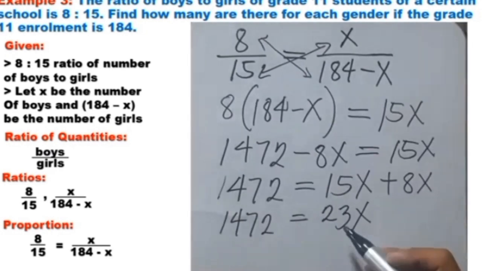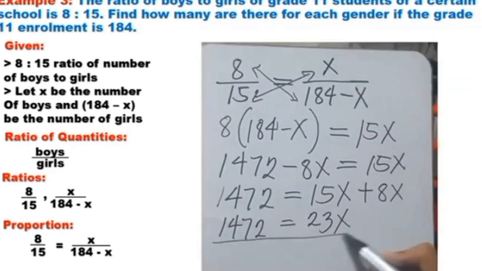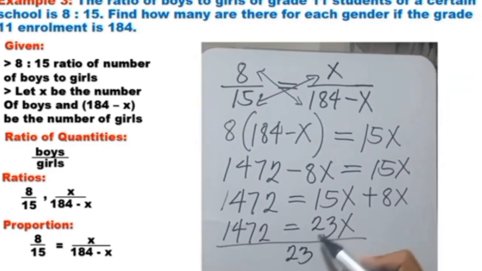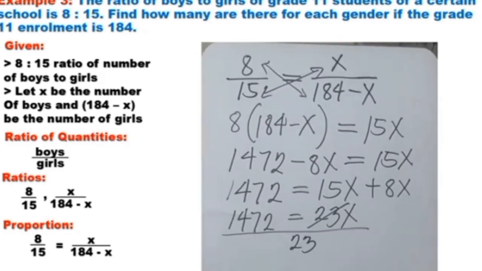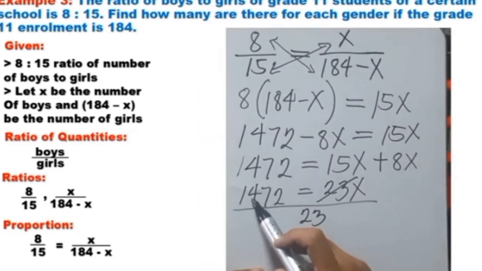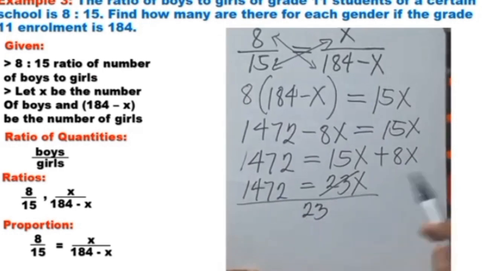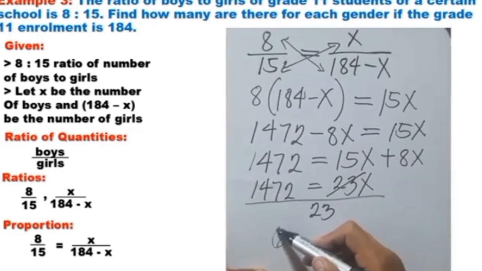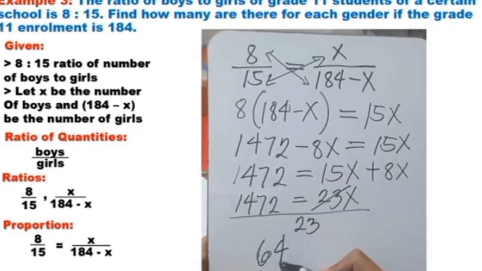To remove 23 from X, divide both sides by 23 so that 23 will be cancelled. 1,472 divided by 23, so we have 64.